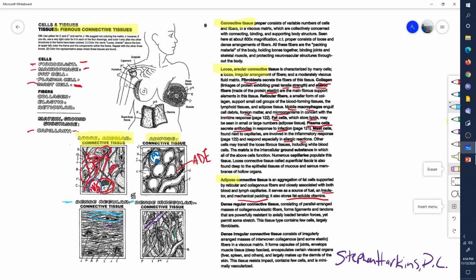Notice that these long strands of proteins make it very, very strong, and the fact that they run parallel. Now compare to here, where this loose areolar tissue doesn't look strong enough for a tendon or a ligament. Neither does this adipose tissue, but look how strong and tough this looks. So that's the dense, regular connective tissue.